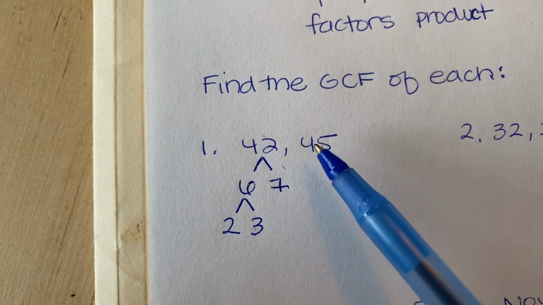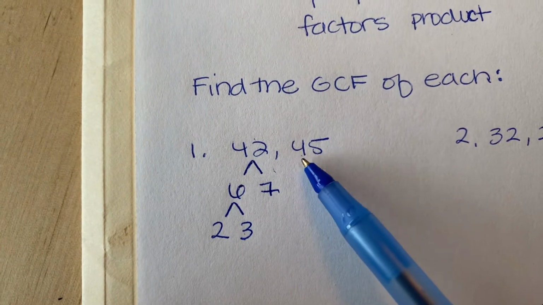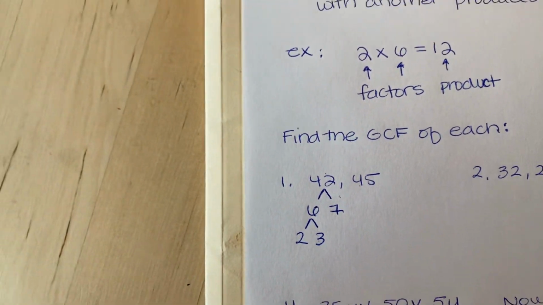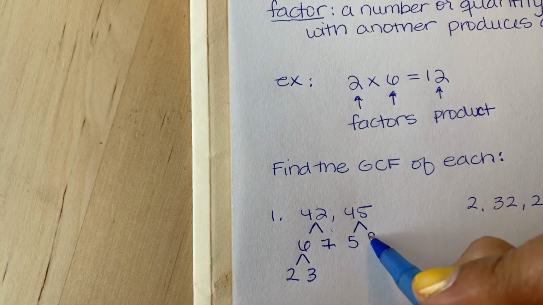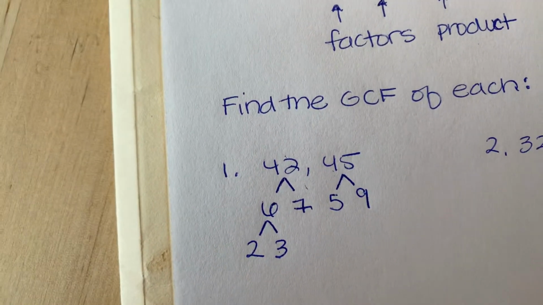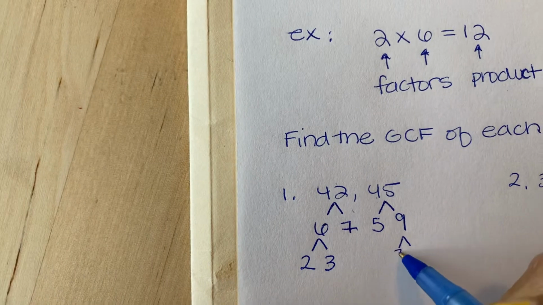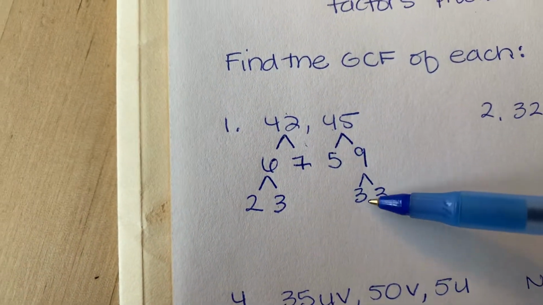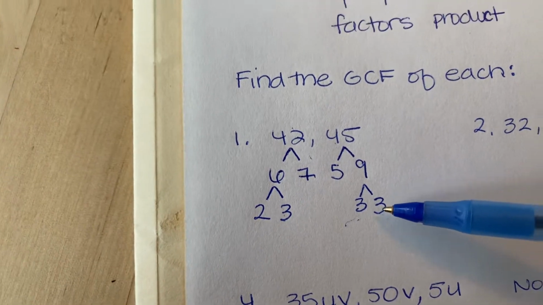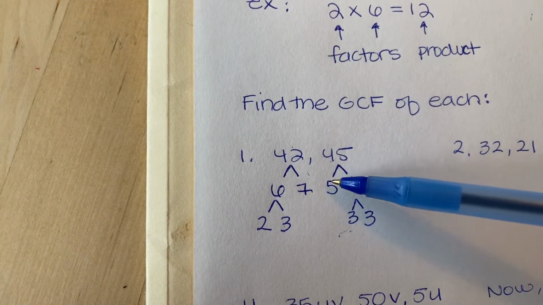Now 45. As far as the number 45, you get 5 and 9, and 9 can be broken into 3 and 3. So the prime factorization for 45 is 3, 3, 5.